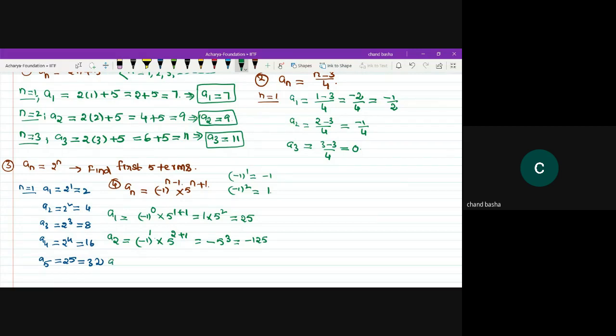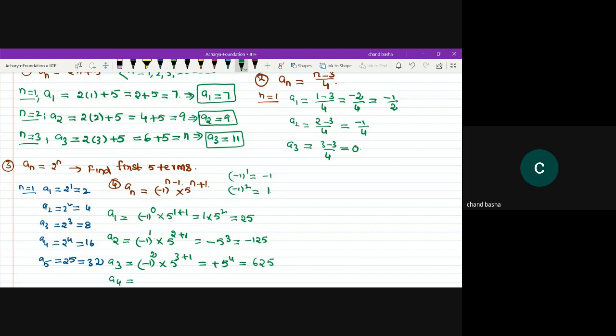Now a3 value, similarly you can find: (-1) whole power 3 minus 1, that is power 2, into 5 power 3 plus 1. This is equal to plus 5 power 4. 5 power 4 means 125 into 5, that is 625. First value positive, then negative, then positive. Next a4, similarly a5.